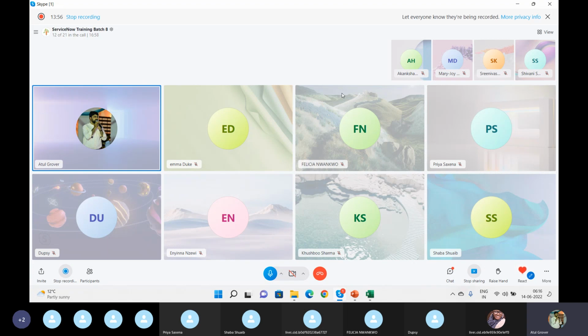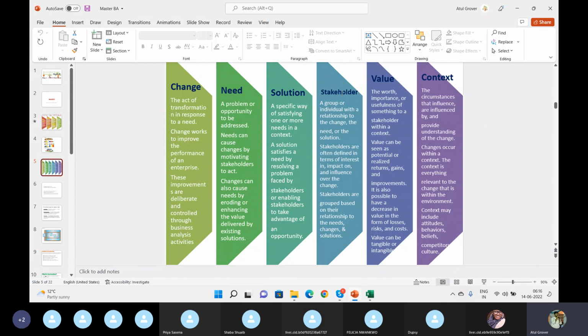But tomorrow when this training is over and you get a good job, then all the stakeholders will benefit. So what is a stakeholder? A group or individual with a relationship to the change, the need or the solution, who are linked with you through this change part, this solution part.